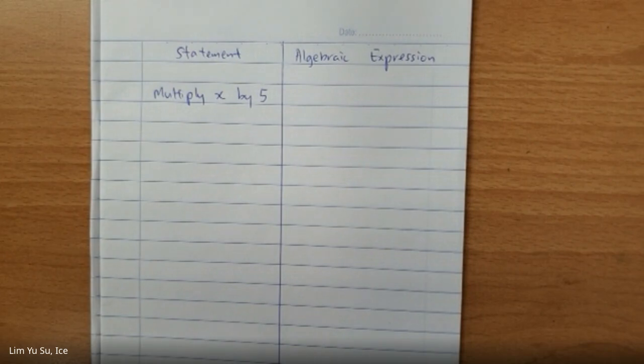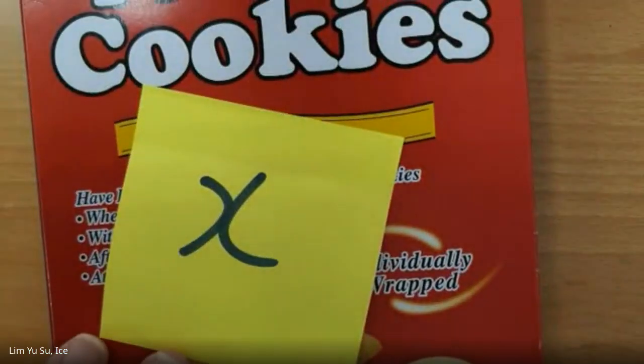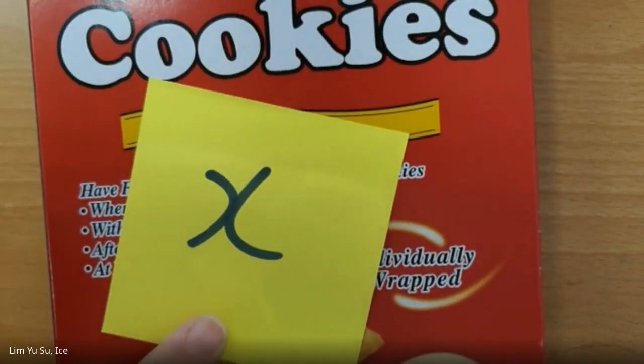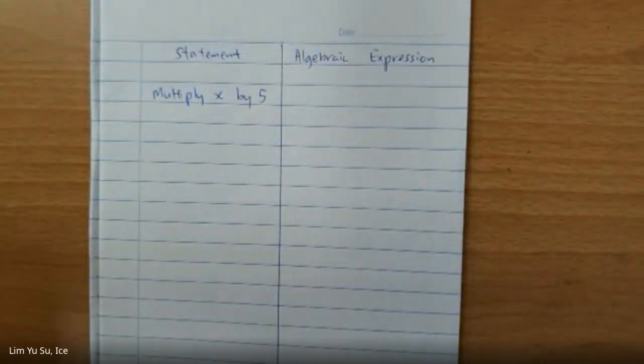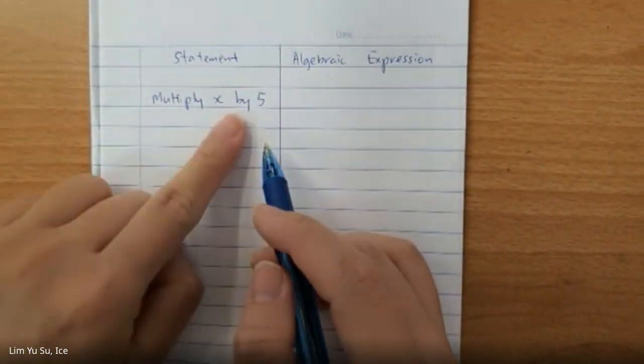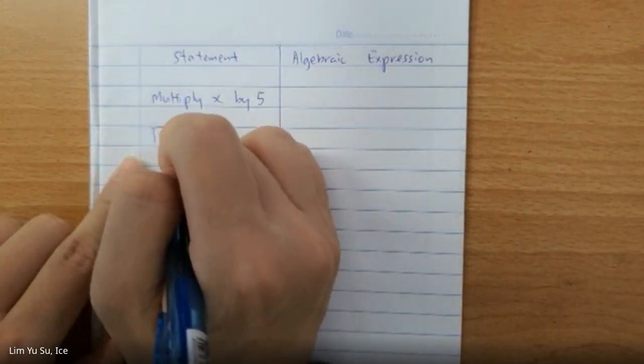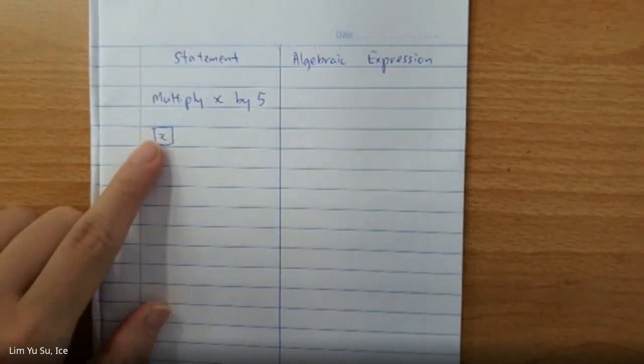But if I say 5x, one possibility is that it's 5 boxes of these cookies, right? It's possibly so. In this case, I have X number of cookies in one box. Possibly, I have X as one unit, one box.